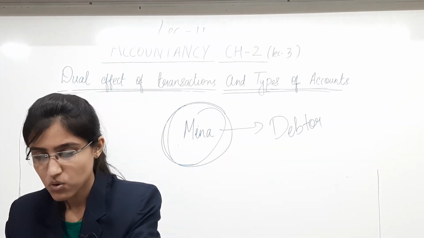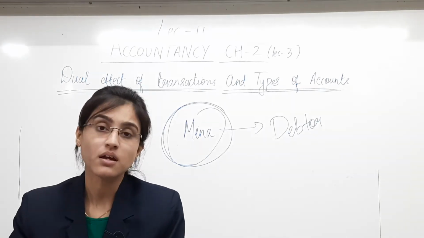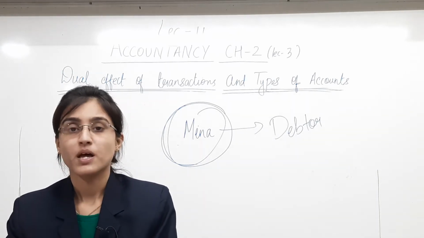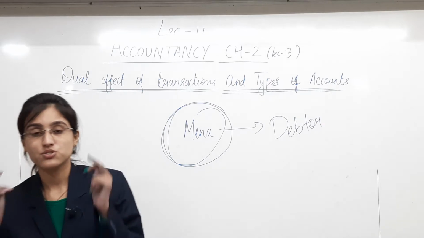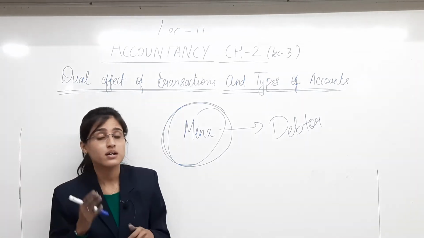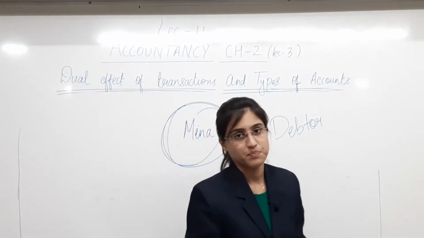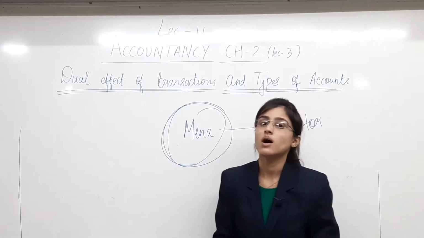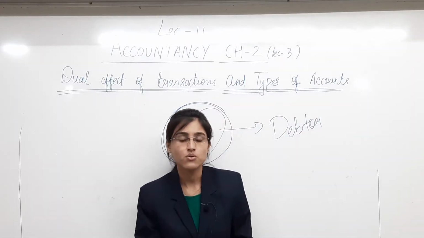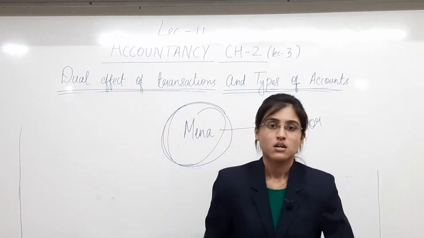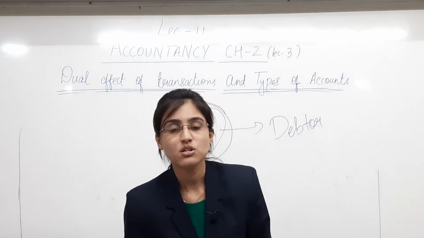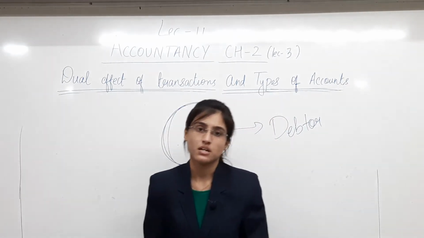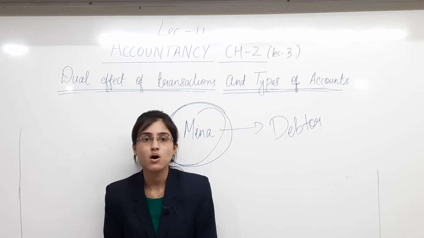So by now we are clear with one thing, the identification of cash transactions and credit transactions, how to recognize a cash transaction or a credit transaction. The first illustration was about what?